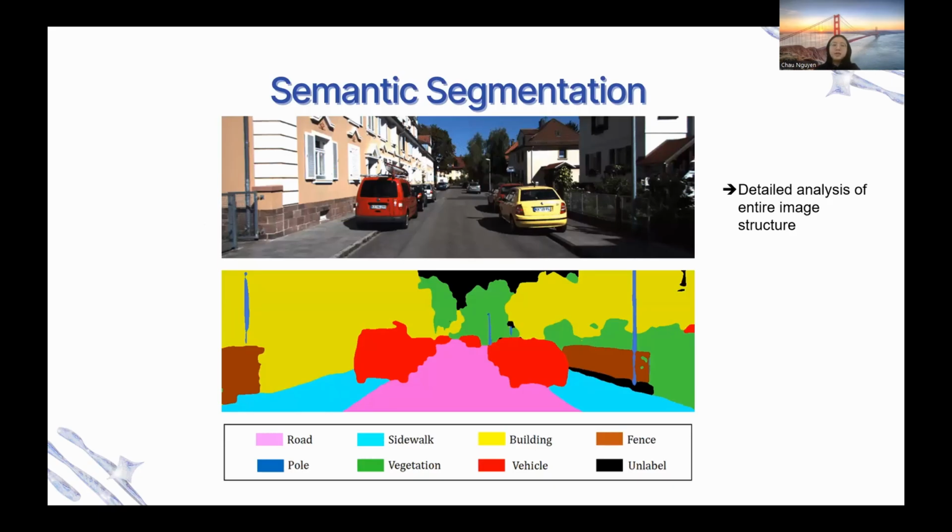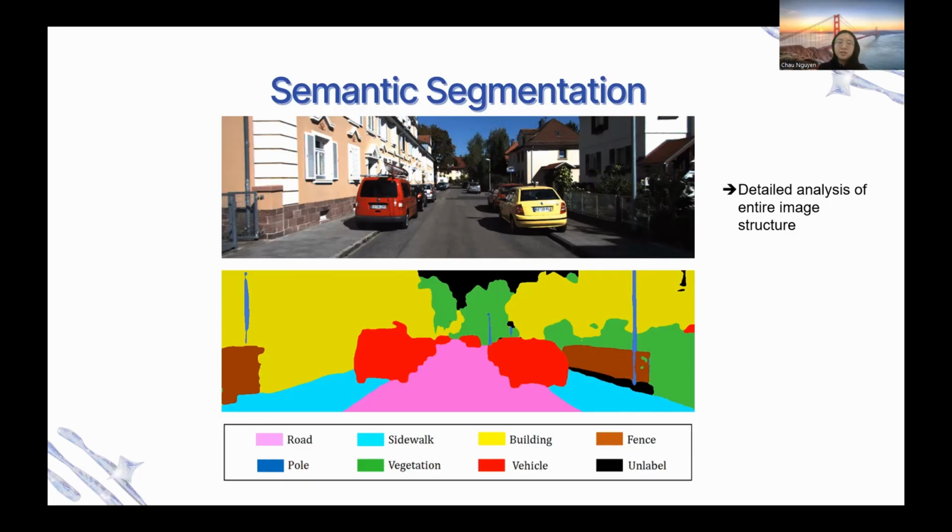Before we go on, for the task of semantic segmentation, one thing that we were able to achieve is that it gives a really detailed analysis of the entire image structure. So we know down to the really tiny pixels what each of these are. However, in some cases, we want to learn even more.